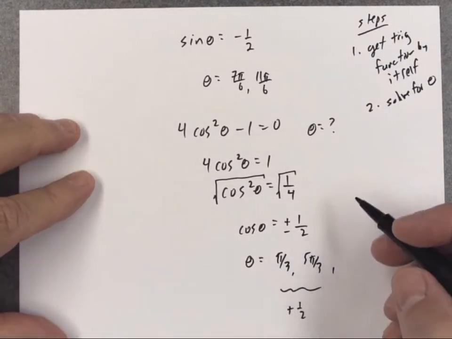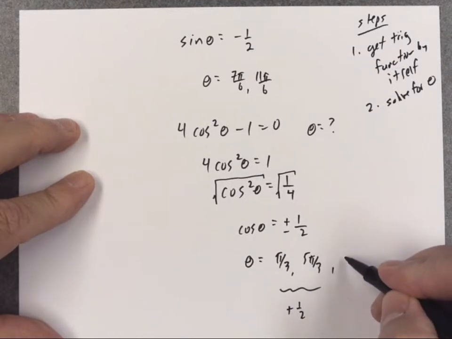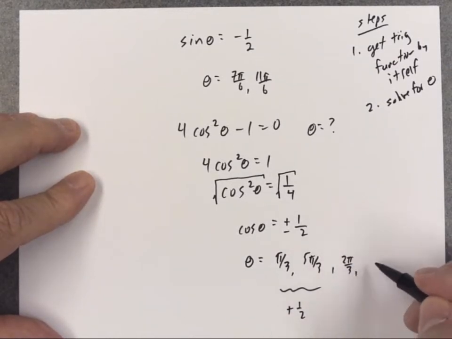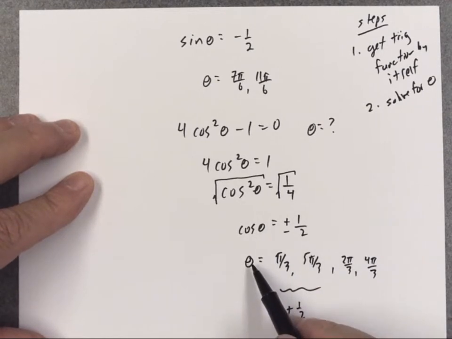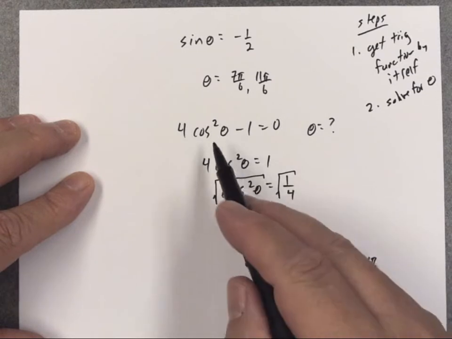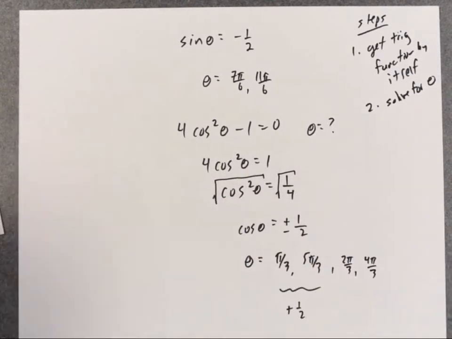And that ends up being 2 pi over 3, this is quadrant 2, and quadrant 3, 4 pi over 3. There's actually 4 solutions. There are 4 angles. If you plug any one of these angles into this original equation, it'll work.